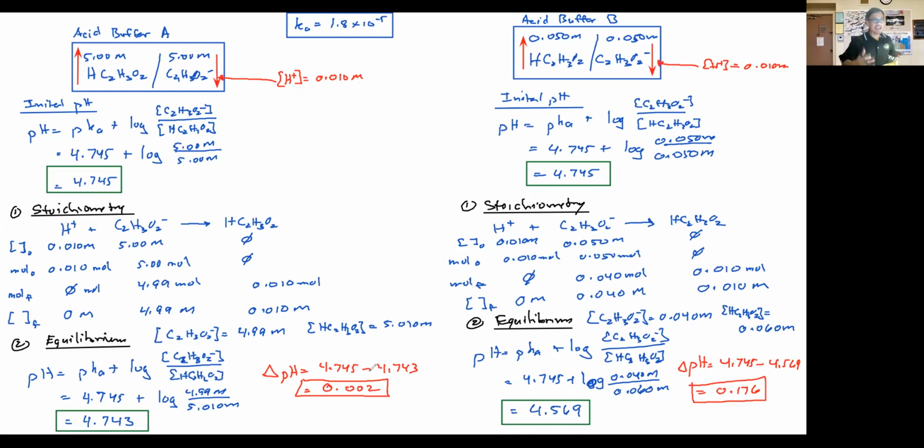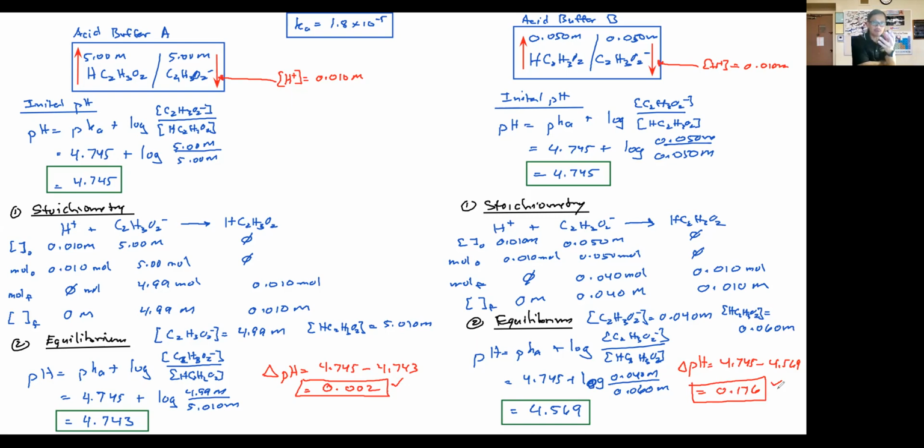So what we see happening here is that acid buffer A is more resistant to a change in its pH. It undergoes only a 2,000th of a change in its pH. Here we have almost a 2/10 of a change in its pH.